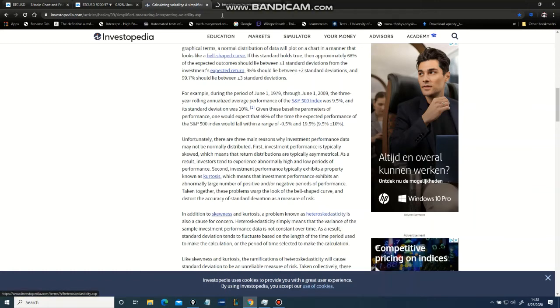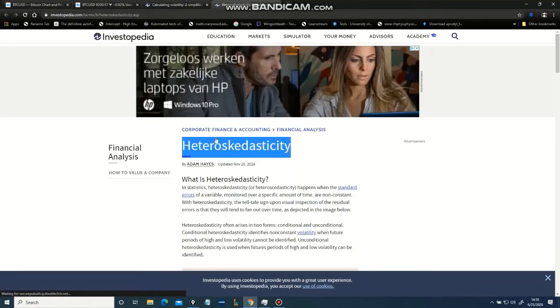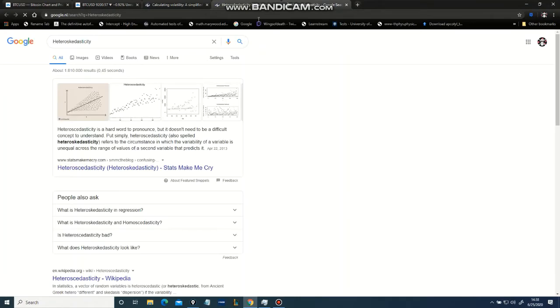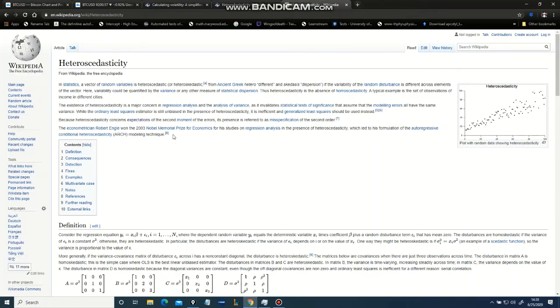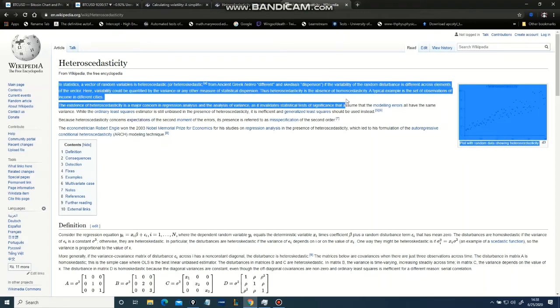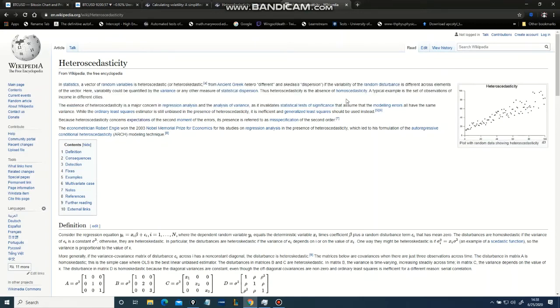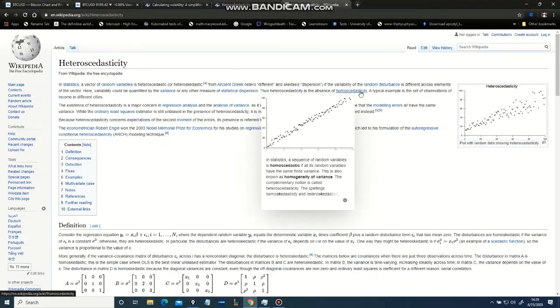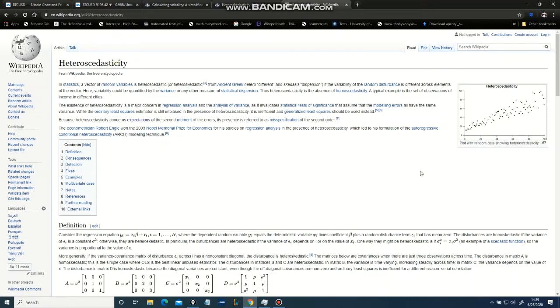Heteroscedasticity. Okay. Alright, so the variance is different across different elements of a data set.